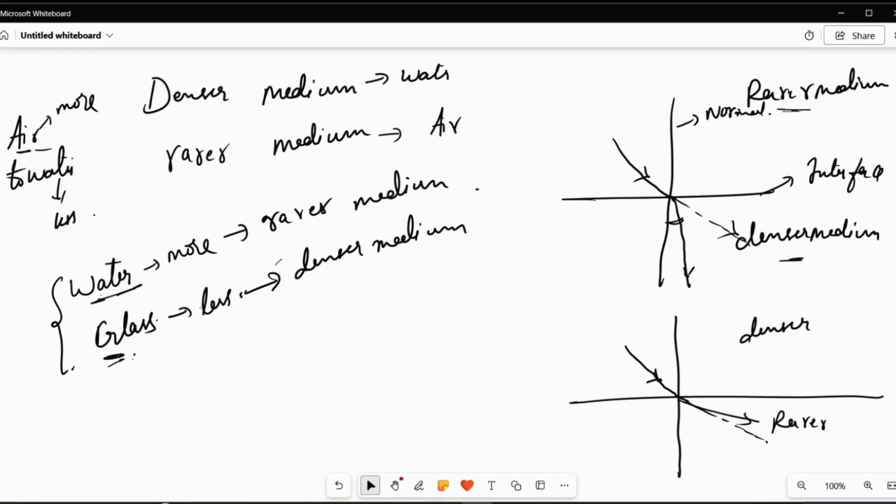So when light is moving from rarer medium to the denser medium, it tends to bend towards the normal. And when light is moving from denser medium to the rarer medium, it tends to bend away from the normal. How much it bends depends on the difference in the velocities of the light. If the difference in velocities is more, then the bending will be more.